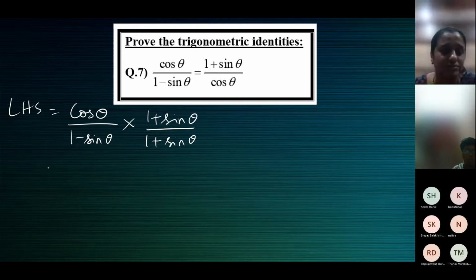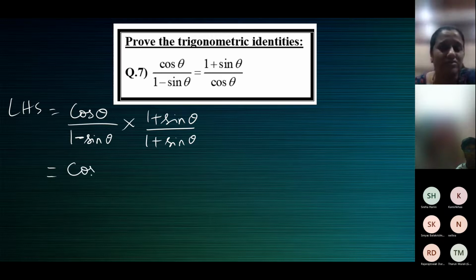That's important. In the first method we multiplied the numerator and denominator by cos theta. You can also multiply by 1 plus sine theta, the opposite sign. We have 1 minus sine theta here, opposite sign, 1 plus sine theta.